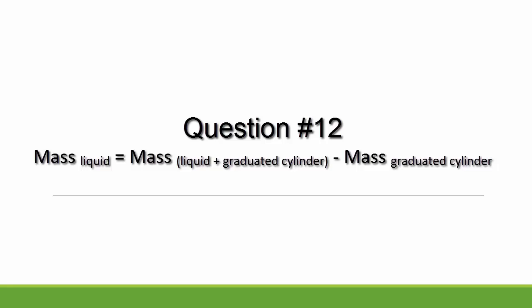So the mass of your container subtracted from the mass of your container with the liquid in it, or the object in it, the difference there is going to be the mass of the liquid or the object, whatever it is.